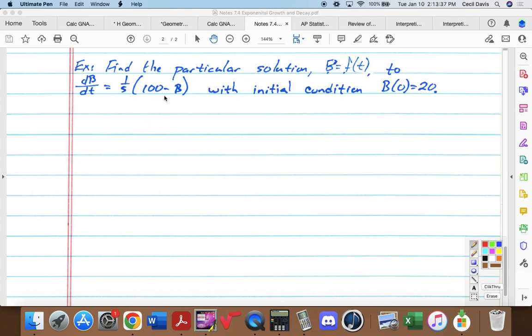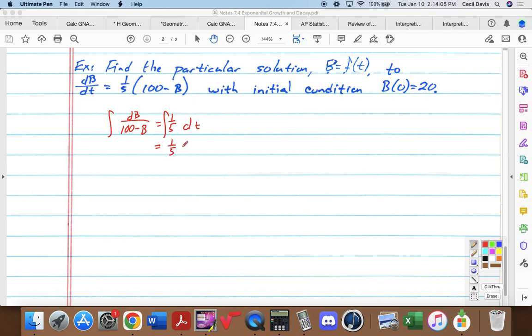So separating the variables by dividing by 100 minus b on both sides, we get db over 100 minus b is equal to 1/5 dt. So the right side integral is pretty easy.